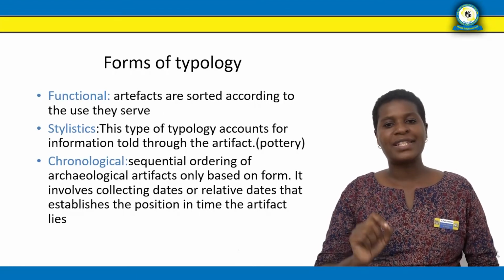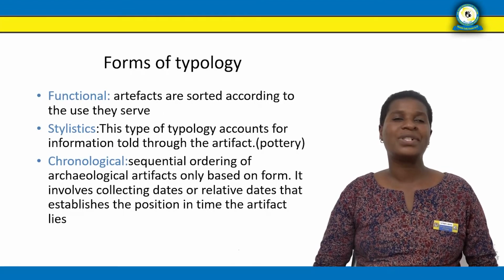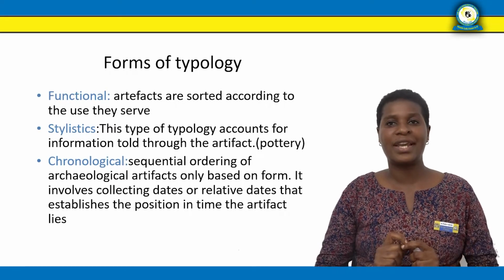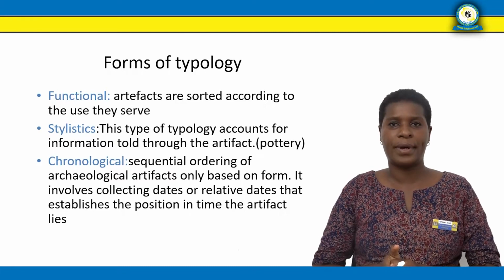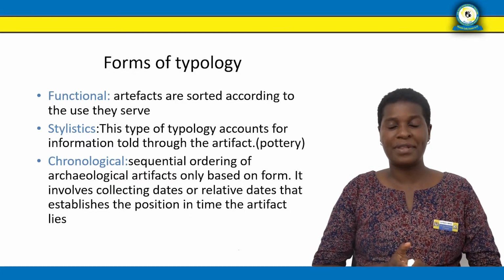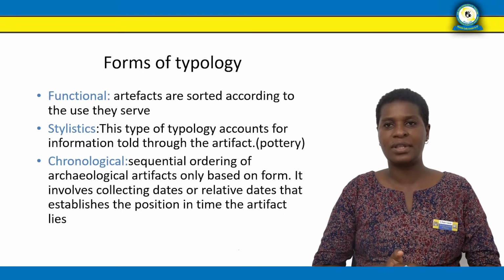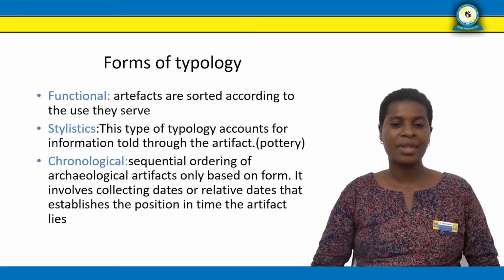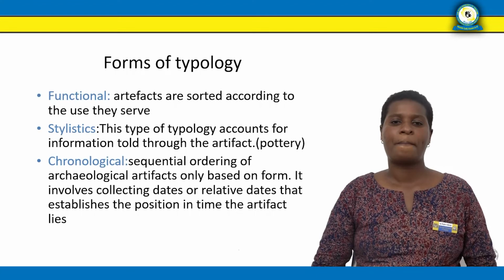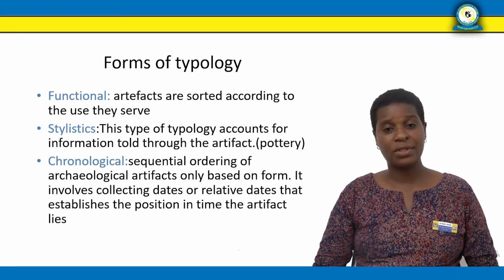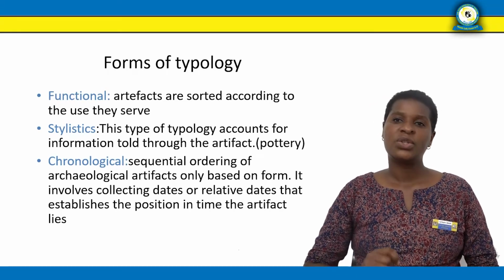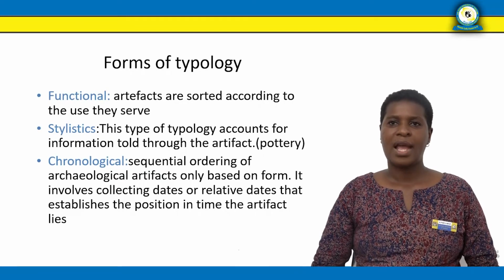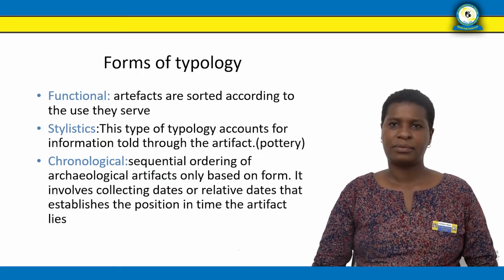So let us see forms of typology. What are these physical characteristics which can help an archaeologist to classify or to group these remains or records found in the excavations? The first one is functional typology. Functional typology means the artifacts are sorted according to their use. How were they used?